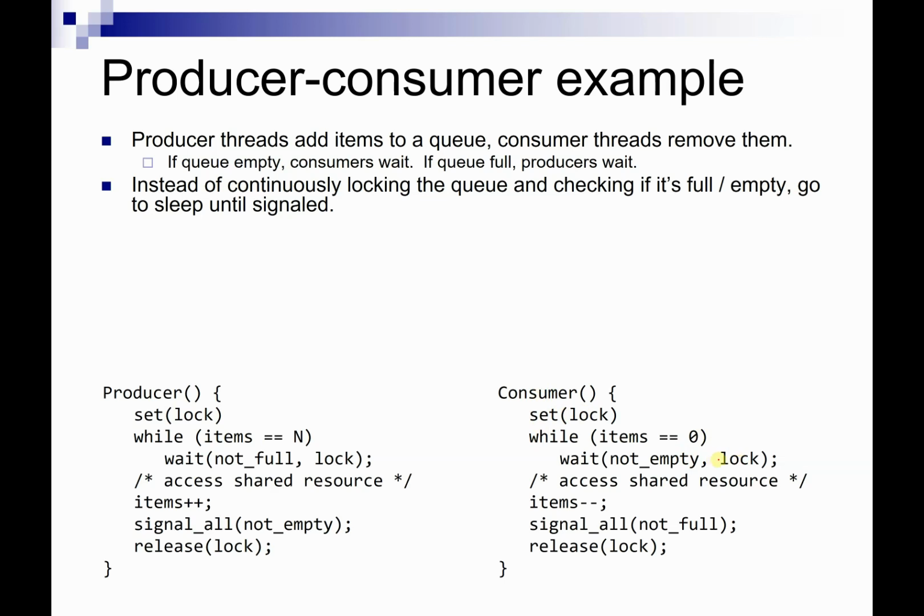Now, if the consumer just keeps the lock at this point, then the queue will stay empty forever, because nobody can access the queue in order to put something in. So then the consumer is going to be waiting here forever. So the consumer needs to release the lock, and then wait for the not empty signal.